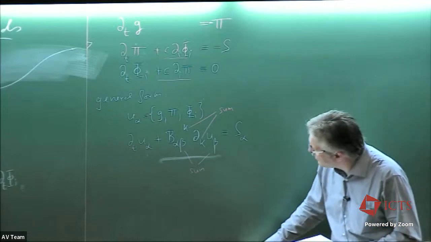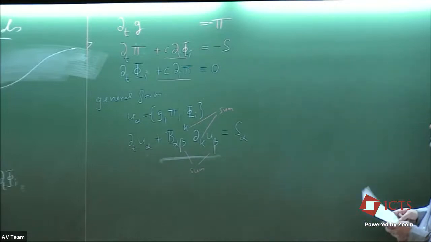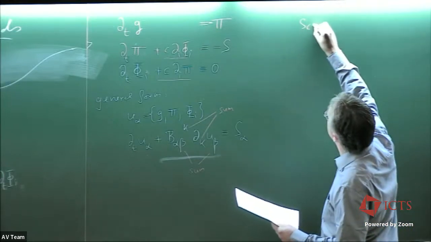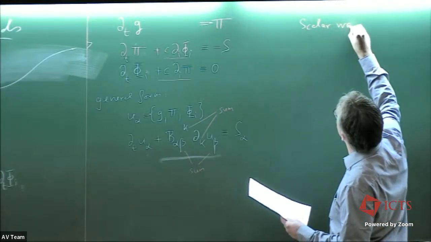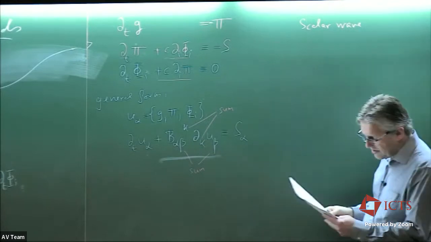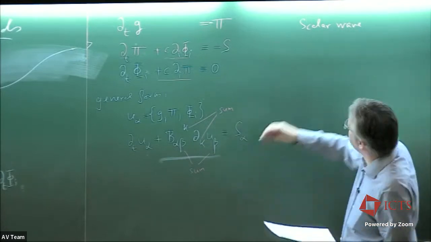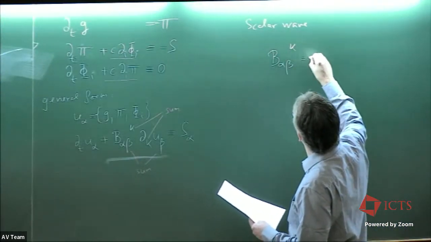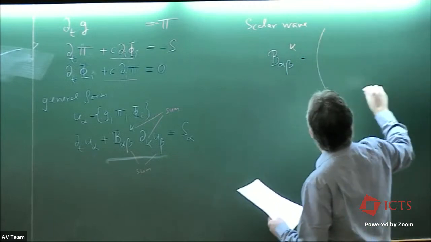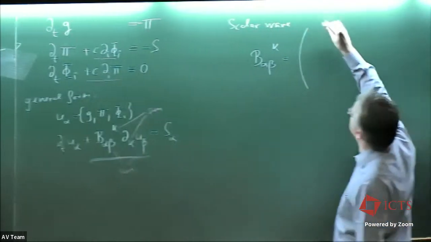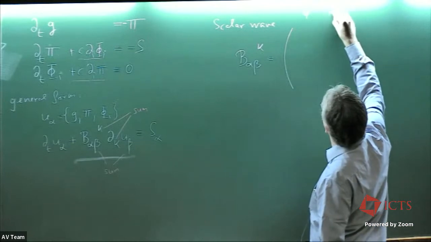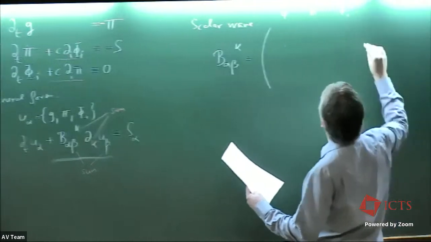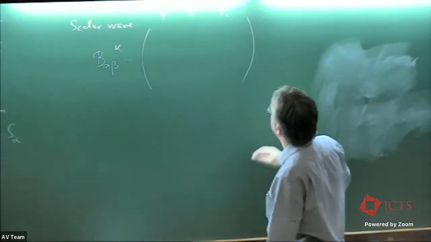And for the scalar wave, Geoffrey also already went through this. For the scalar wave, this turns out to be that these B matrices, B alpha beta k, will have entries for psi, pi, and phi I. And they will have columns.